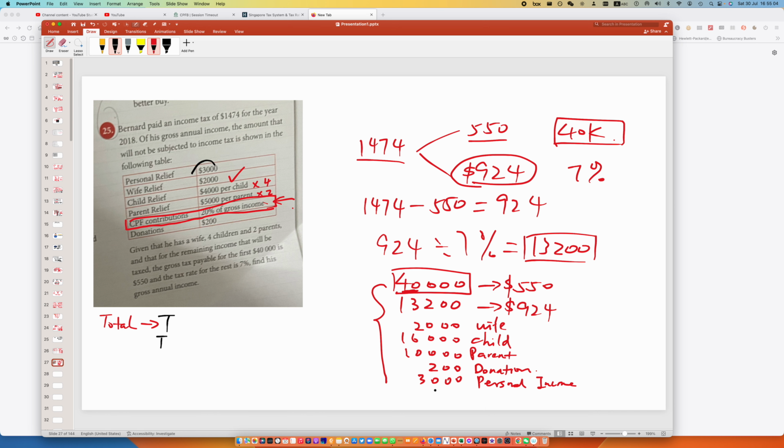And this one will be 20% of T. Okay? So basically, let me just put it here so that it's more structured, it's better.